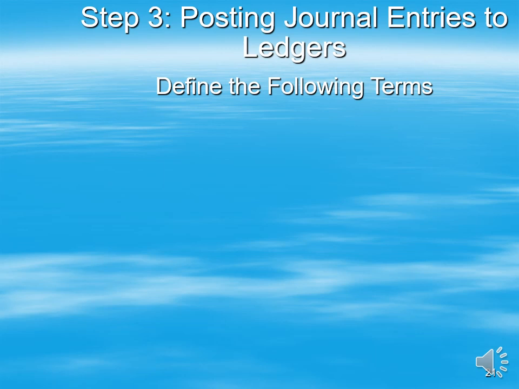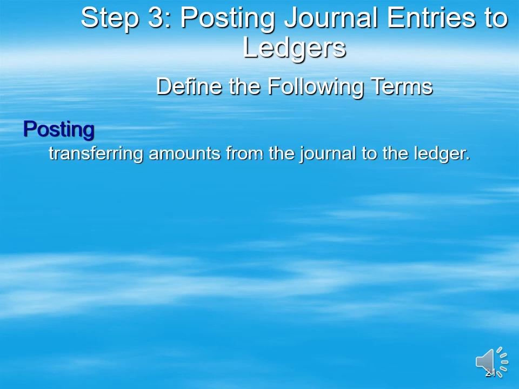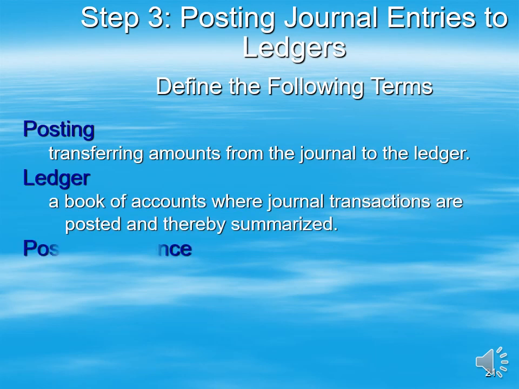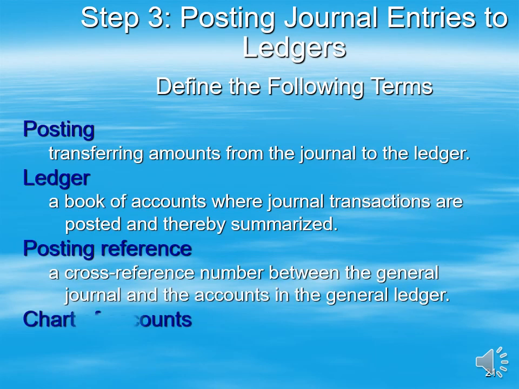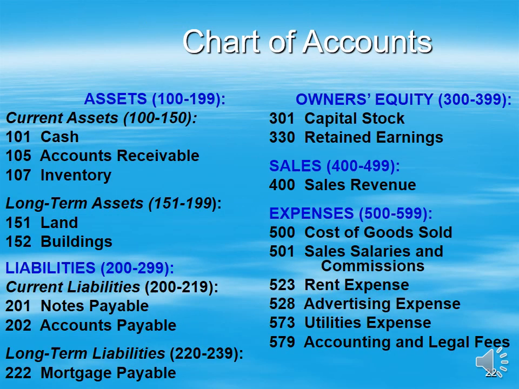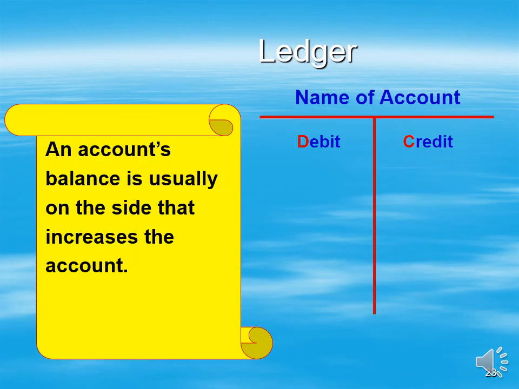It means that in step 3, you have to transfer all the journal entries that you made in the journal to another book, which is the ledger.